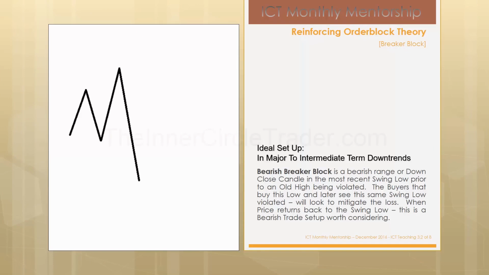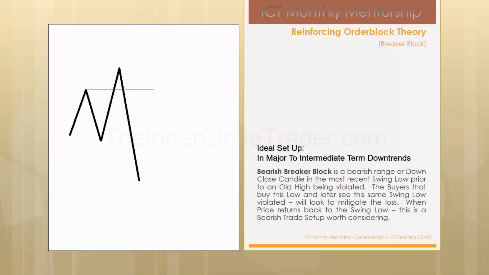A bearish breaker is a bearish range or down close candle in the most recent swing low prior to an old high being violated. The buyers that buy this low and later see this same swing low violated will look to mitigate the loss. When price returns back to the swing low, this is a bearish trade setup worth considering.